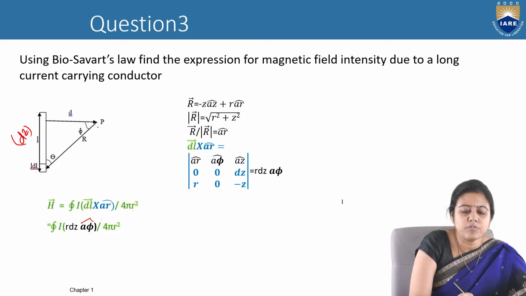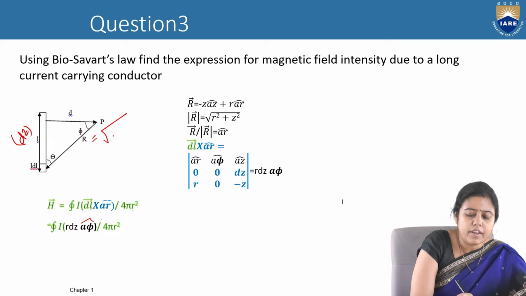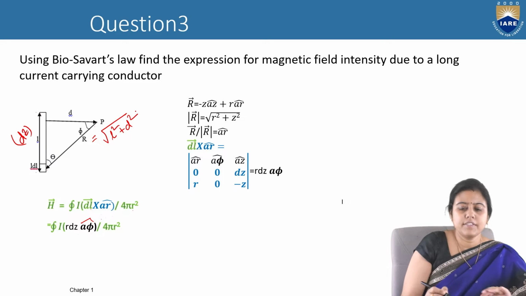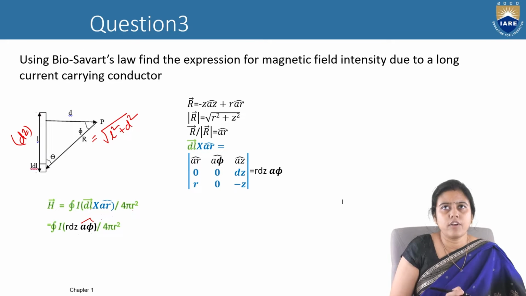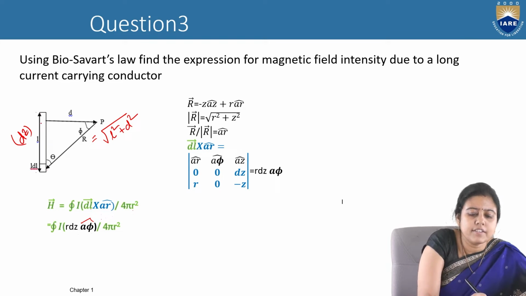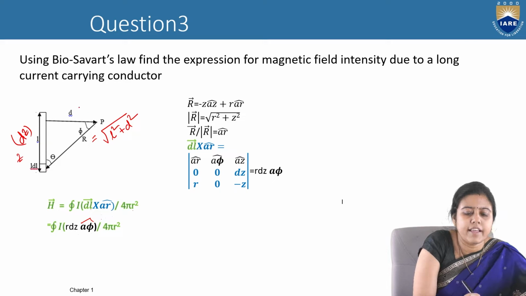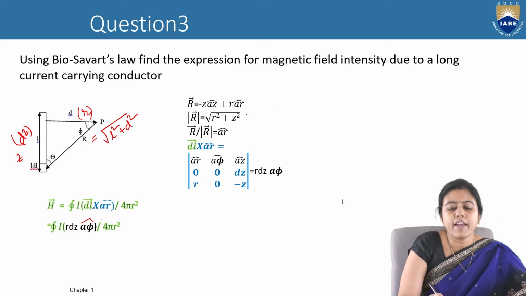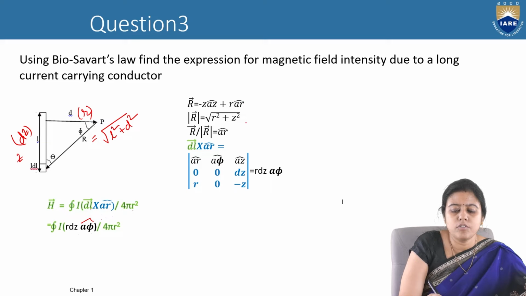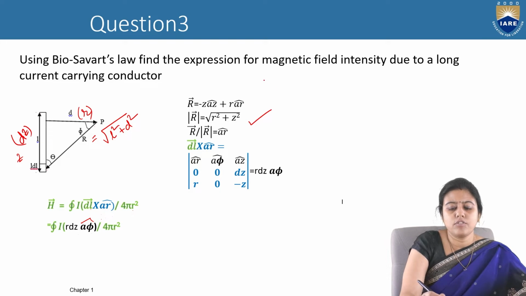Capital R is nothing but the root of L square plus D square. Is this correct? So this is the R square. If we think this length is Z and this length is small r, we can write capital R square is equal to r square plus z square.